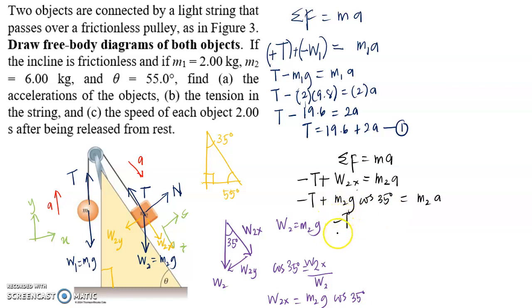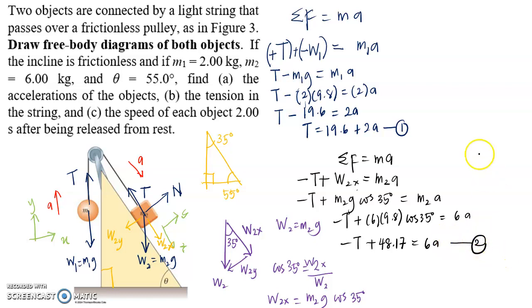Now I will substitute the correct value for each of the parameters. So M2 will be 6 multiplied by 9.8 multiplied by cos 35 degrees, equal to 6a. So the equation will be reduced to negative T plus 48.17 equal to 6a.